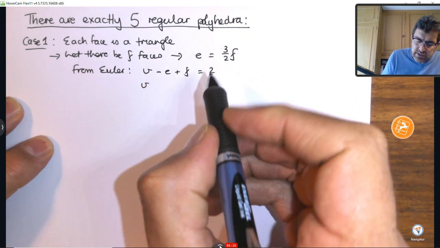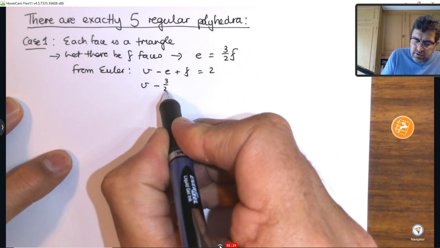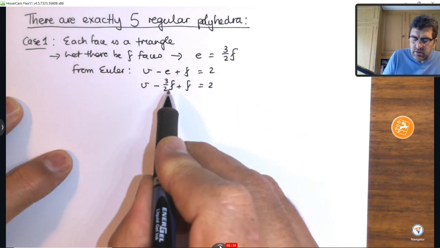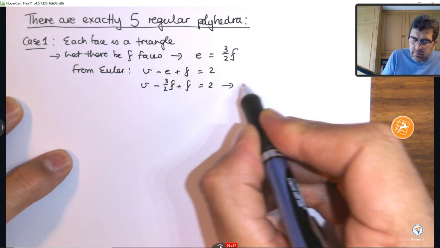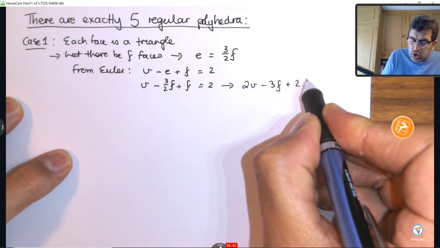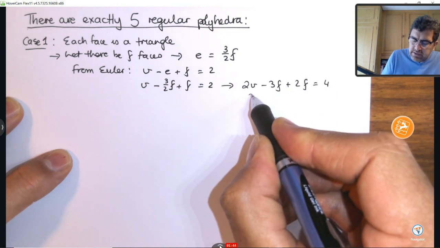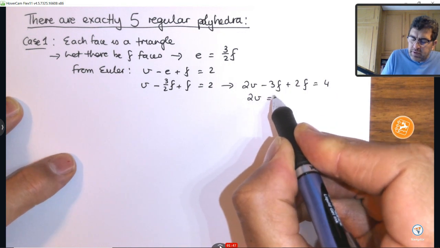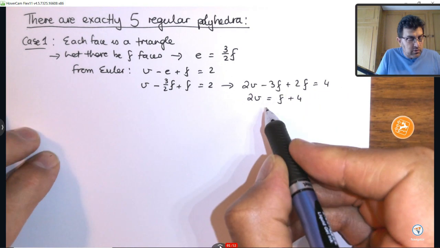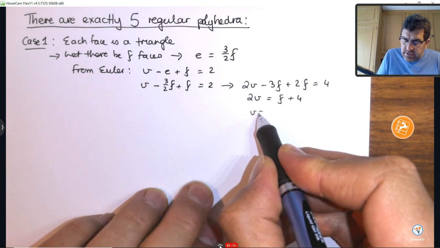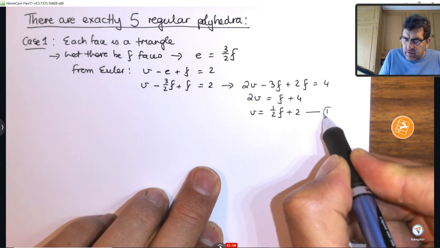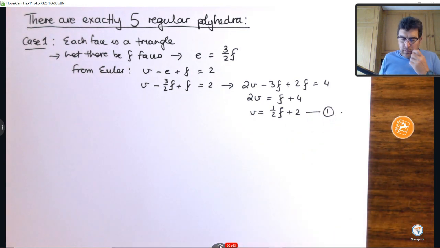So the number of vertices minus 3 over 2F, plugging that in, plus F is equal to 2. I don't like the fraction, so I'm going to double up everything: 2V minus 3F plus 2F is equal to 4. So twice V is minus F, which goes over as F, plus 4. So the number of vertices will be half the number of faces plus 2. I've got that to fall back onto.